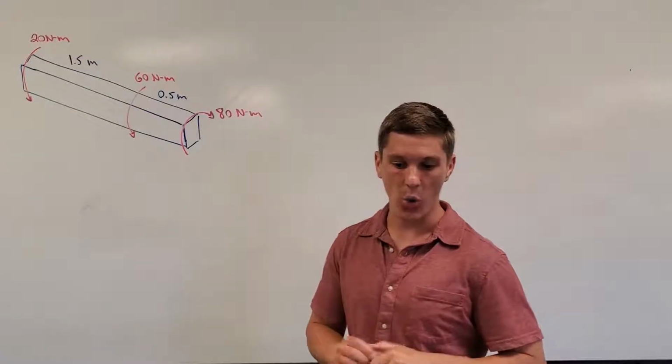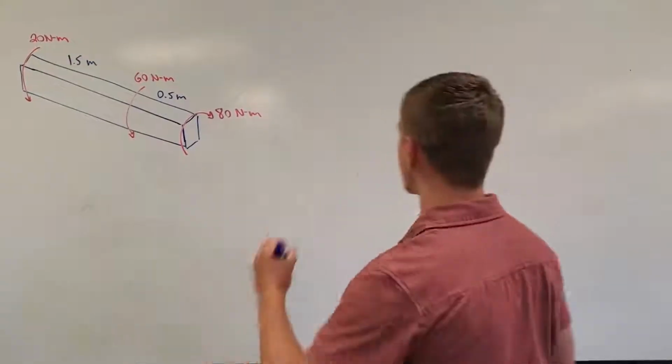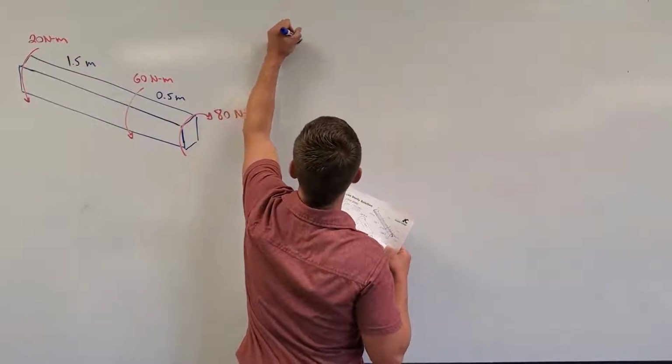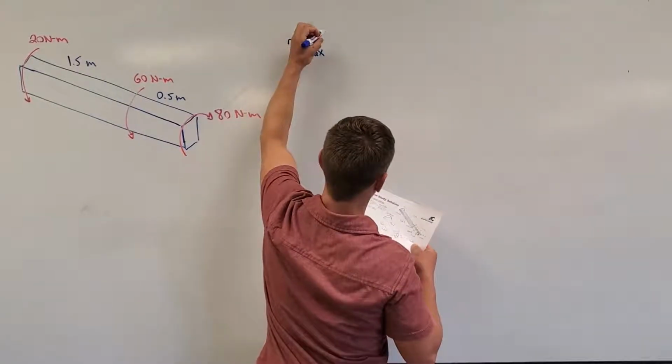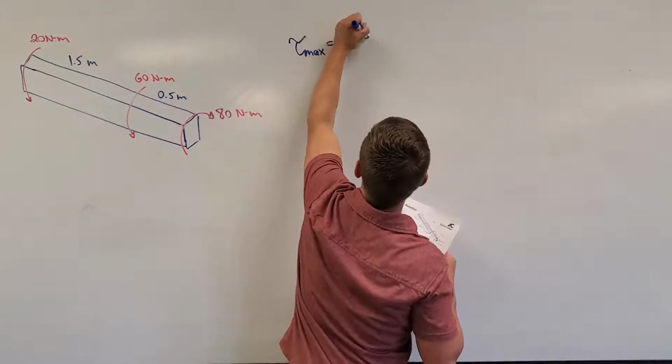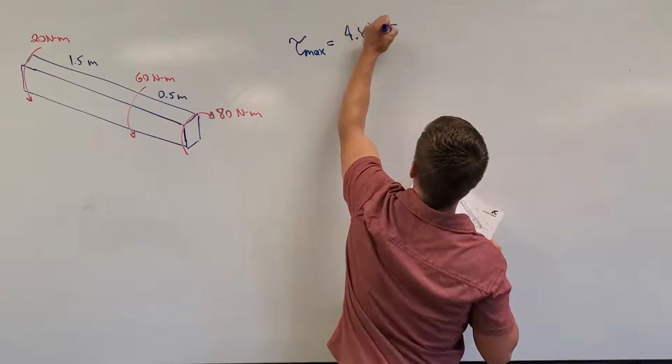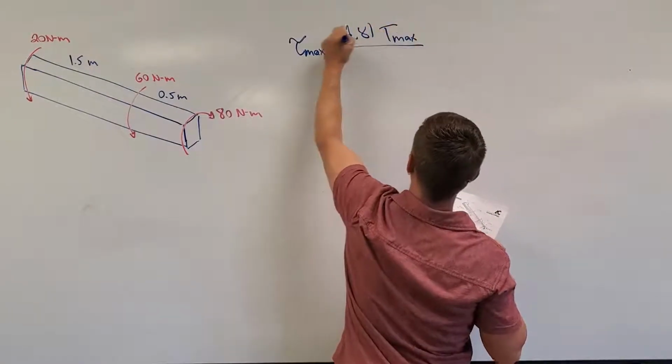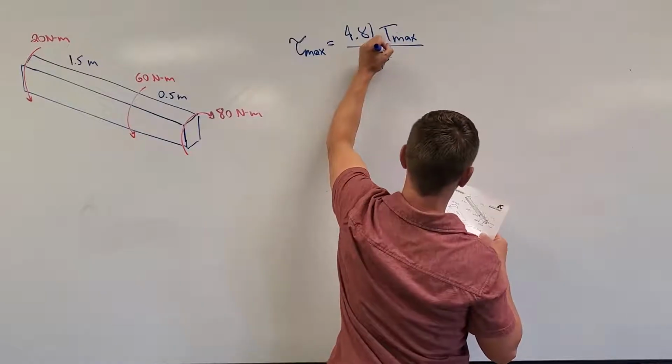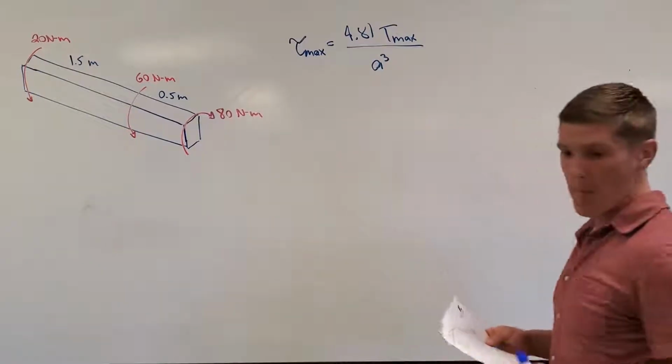And we said that for a square bar, the maximum shear stress was given as 4.81 times our maximum torque divided by A cubed, and that is the equation for our maximum shear stress.